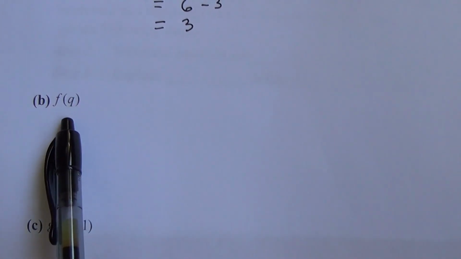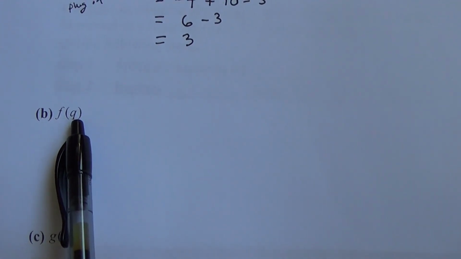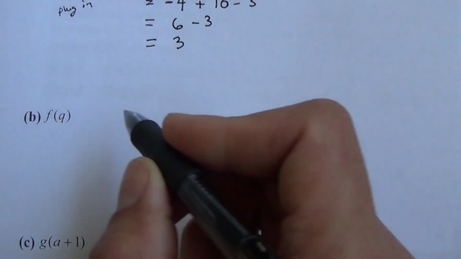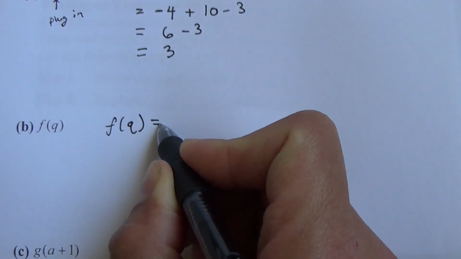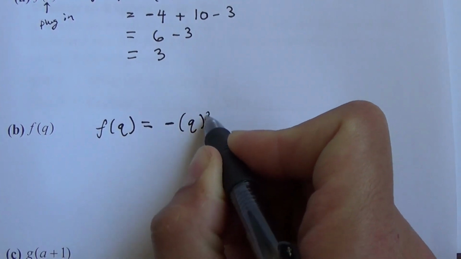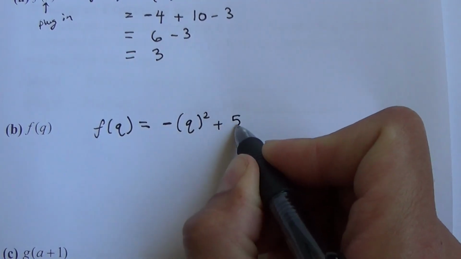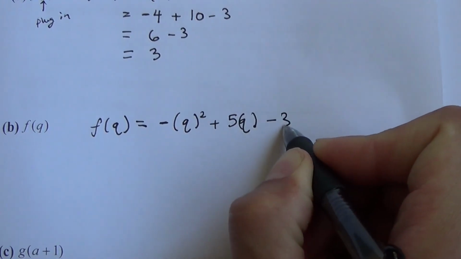In part B, we're not plugging in a number, we're plugging in a letter for the function f of x. So we'll write first f of q is equal to negative q squared plus 5q minus 3.